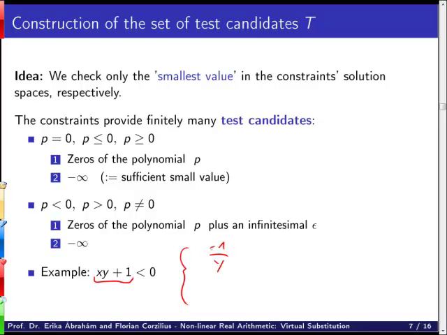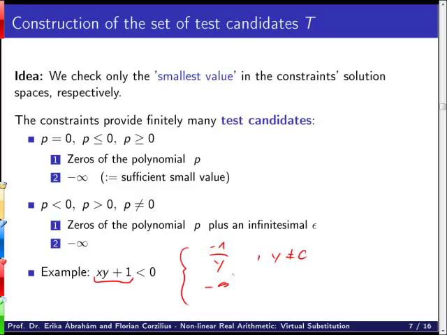But because I divide by y, y must be not equal 0. And the other candidate we have is minus infinity, because you always take it.